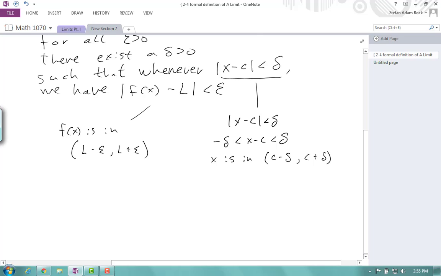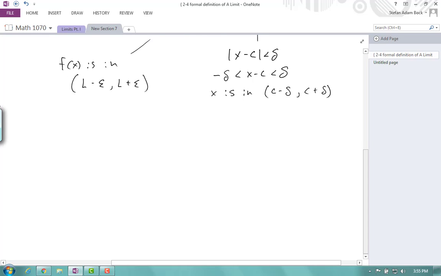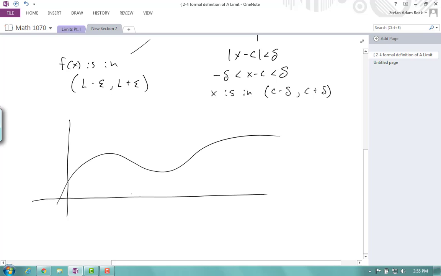So in a picture, I'm going to have some kind of a function doing whatever, and I'm going to have a c value that I want to find or learn information about.